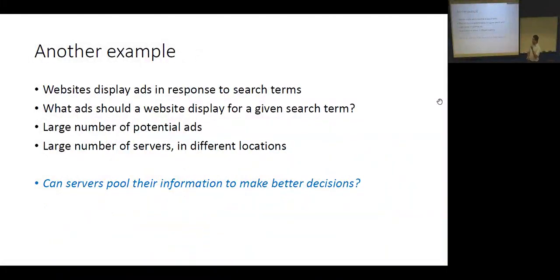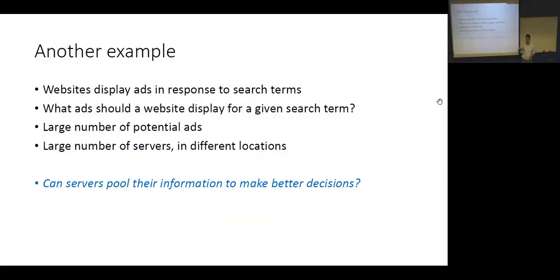Okay, so maybe an example that's actually used in practice. You have websites that display ads in response to search terms or keywords. And then you want to decide what you should display in response. In practice, I believe now this happens in a very centralized way.